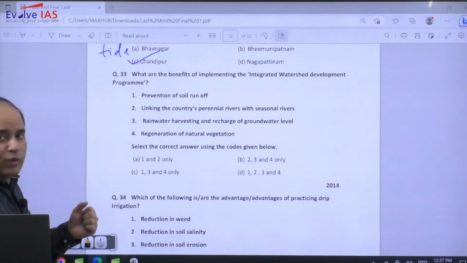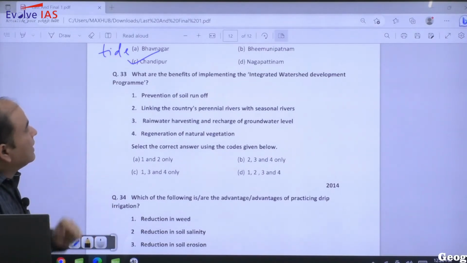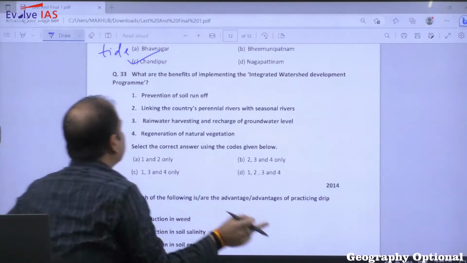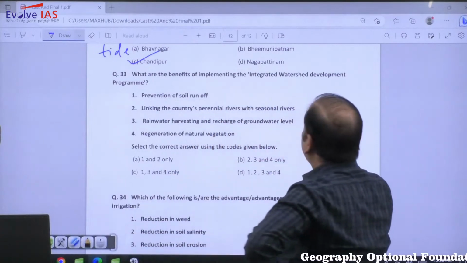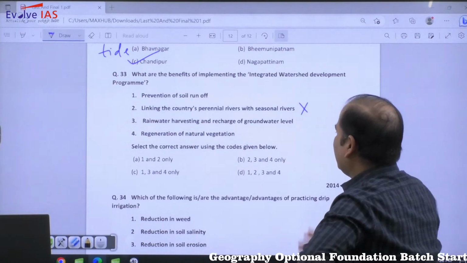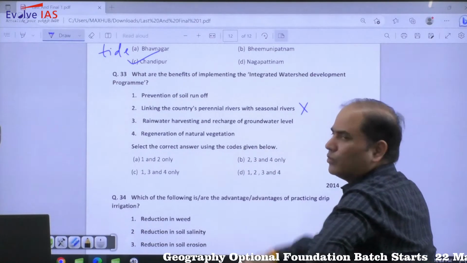So prevention of soil runoff, yes. Linking the country's perennial rivers with the seasonal rivers has nothing to do with the integrated watershed development. So by knowing this you will be able to know the answer.